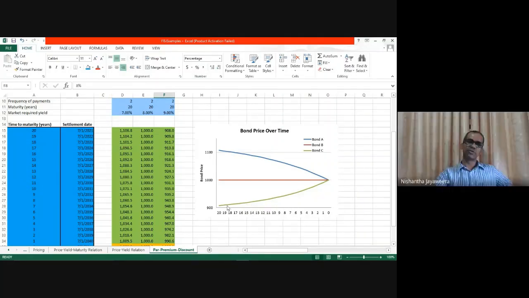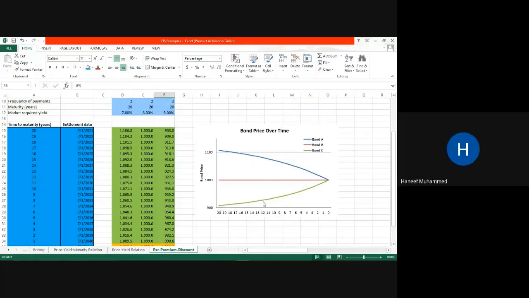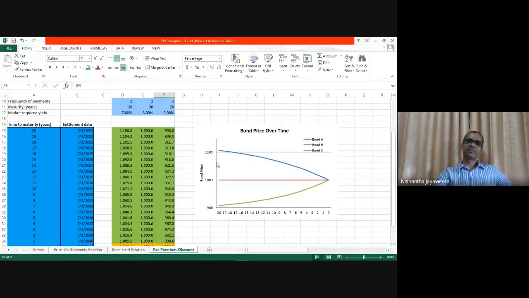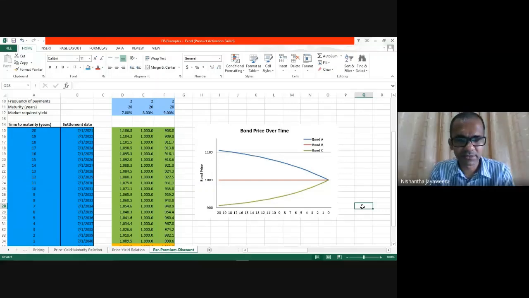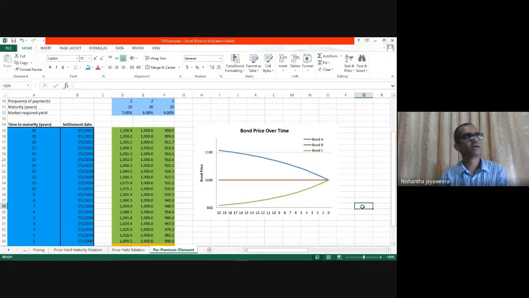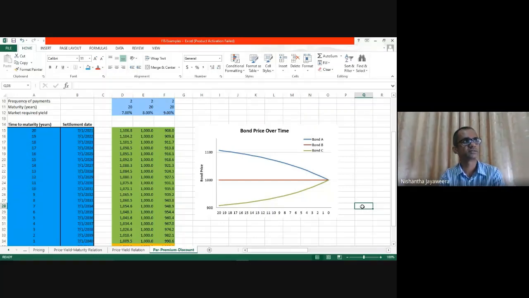In this case, your book value will increase gradually, but in the other case, your book value will go down. So is that what you call the effect of price interest? Price interest? I'm not sure. Maybe I have to check it.